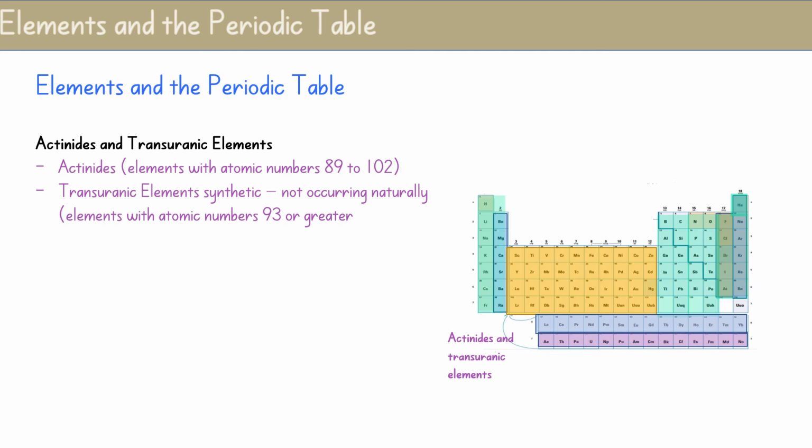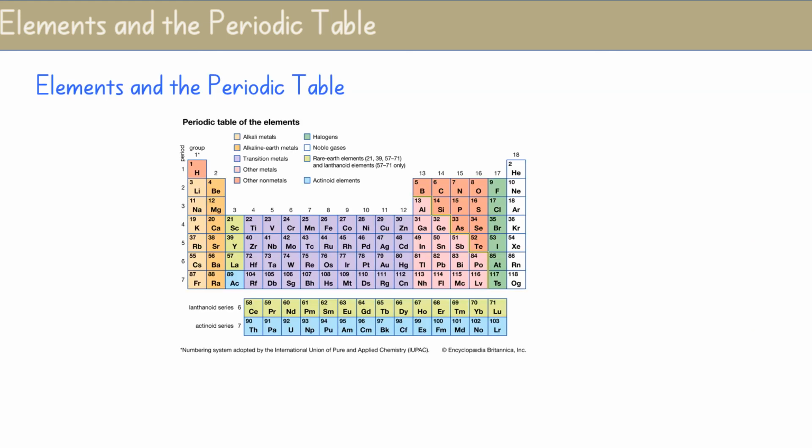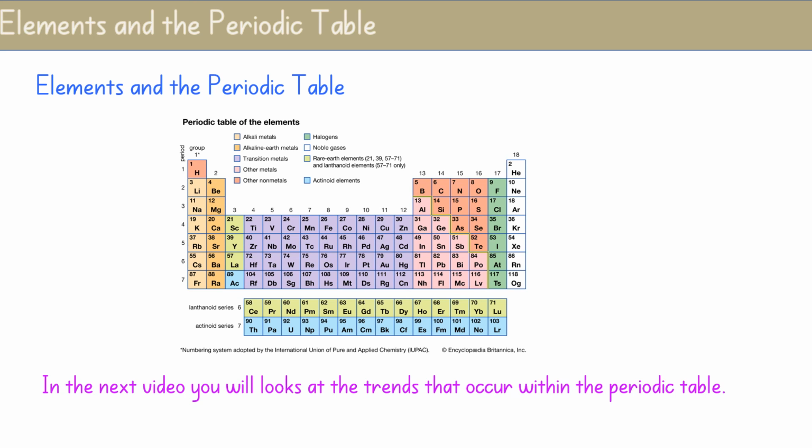They've been assigned atomic numbers 93 or greater. So here's the periodic table summarized. In the next video, you will look at the trends that occur within the periodic table.